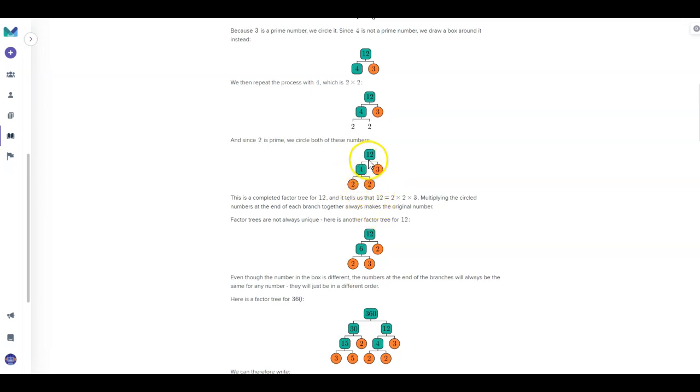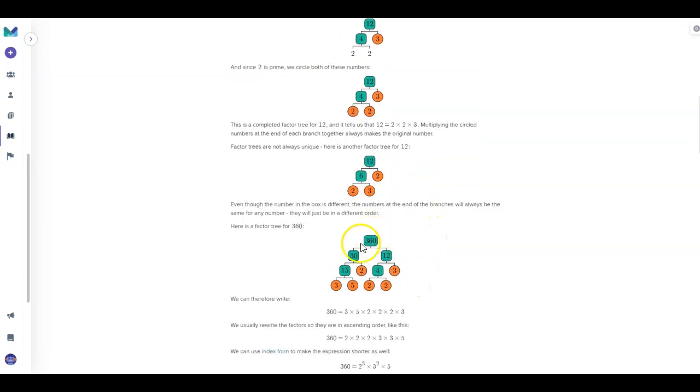Sorry, not with a comma, my apologies, with a multiplication symbol. So the prime factors of 12 are 2, 2 and 3. 2 times 2 times 3 will give you the number 12. That's what we can see here: 12 as prime factors is 2 times 2 times 3.